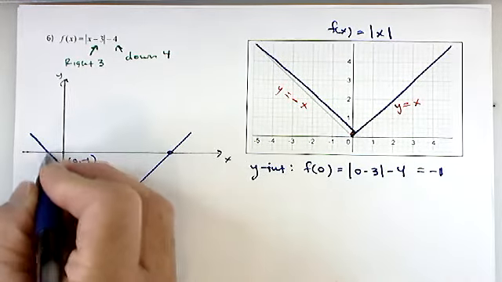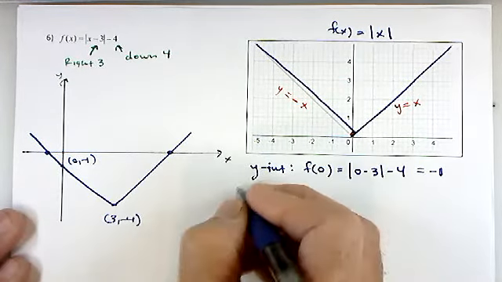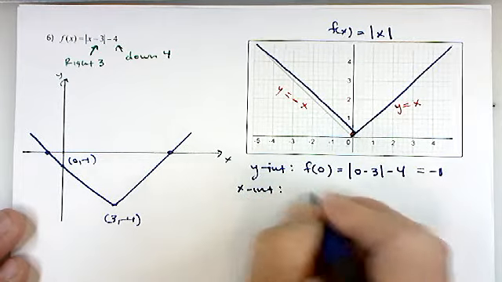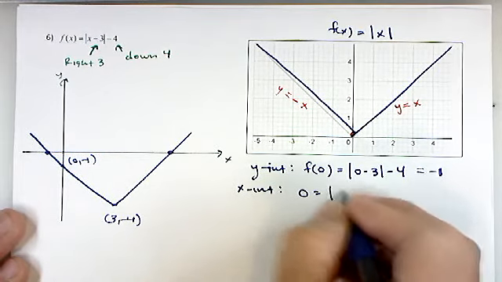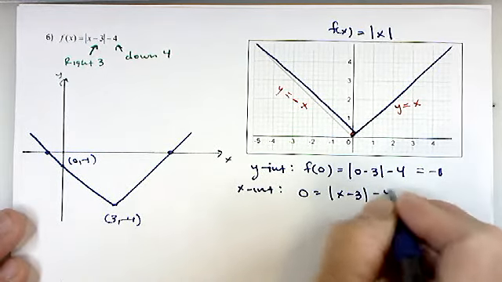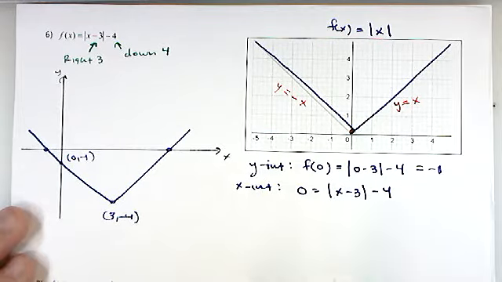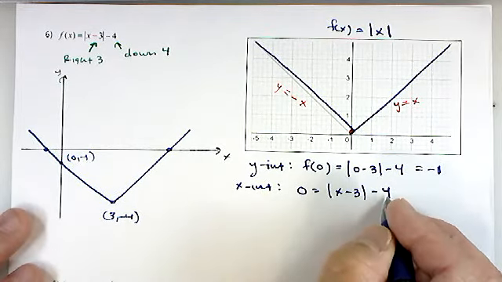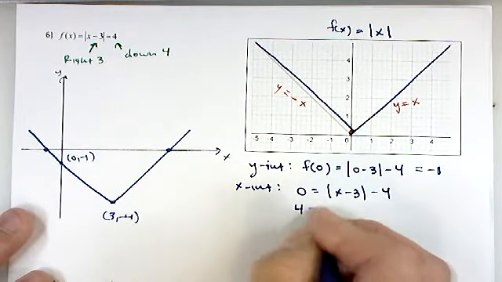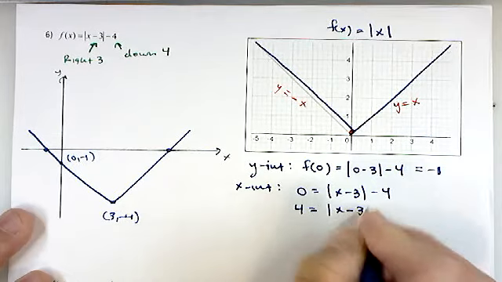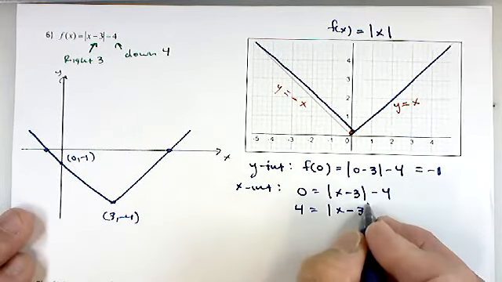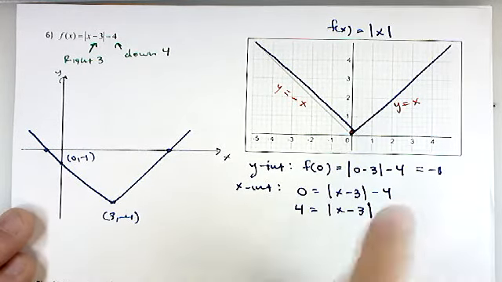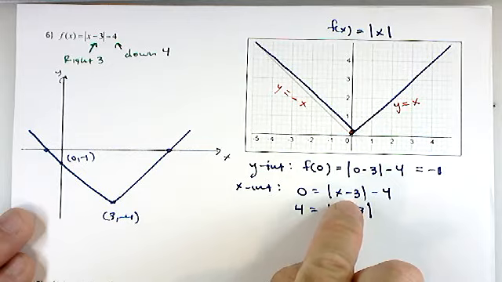I also have 2 X-intercepts, which I could find. But I have to solve this equation. This is good practice. So if I move the 4 over, the way I like to think about this is if I cover up what 2 numbers behind my finger would make that equation true.